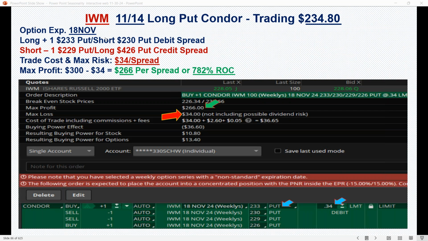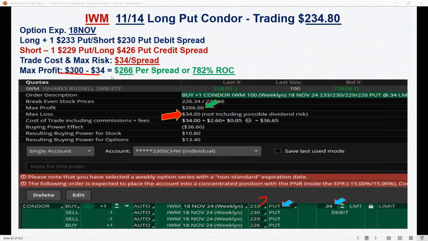All right, so here's the trade setup. You can see the risk profile on this trade. We had the 233 put, short the 230, so you put debit spread there, and then a credit spread on top of that. That creates what we call this condor. The spread width was $300, $3 wide.